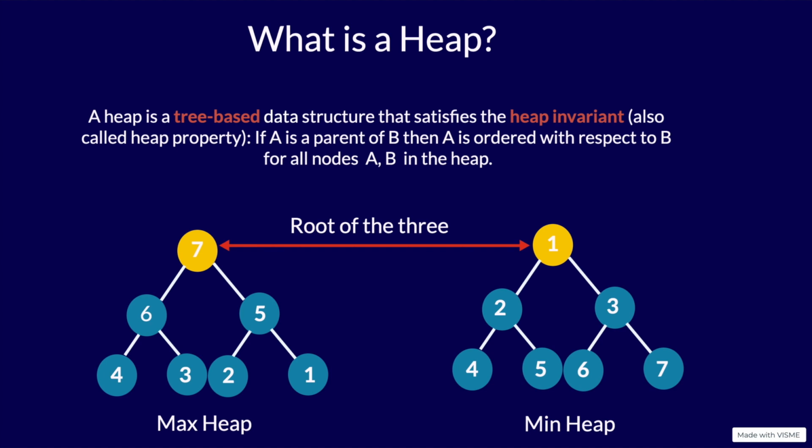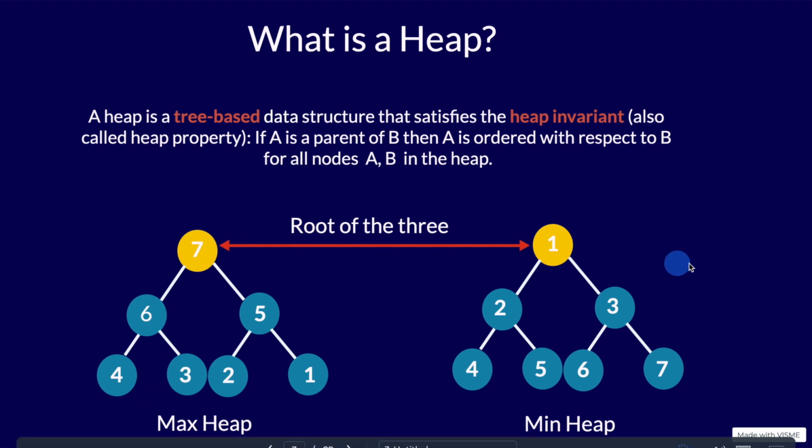If A is a parent of B, then A is ordered with respect to B for all nodes A and B in the heap. So what does this mean? This means that the value of the parent nodes are always greater than or equal to the value of the child nodes, or vice versa, where the value of the parent nodes are always less than or equal to the value of the child nodes.